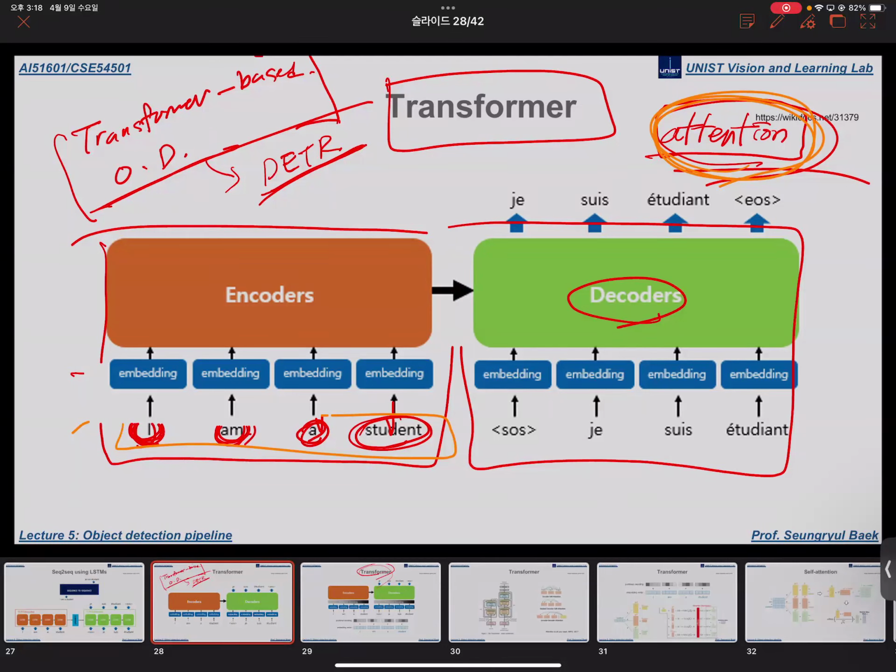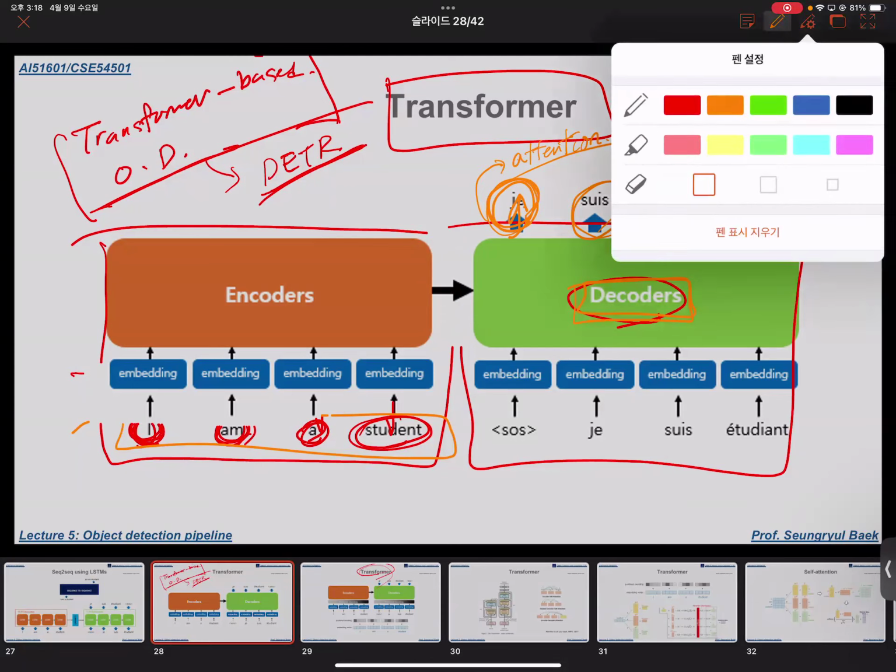And in the decoder, how to get the final output is also composed of the attention mechanism. However, for getting this output, it also works sequentially. I will show that.